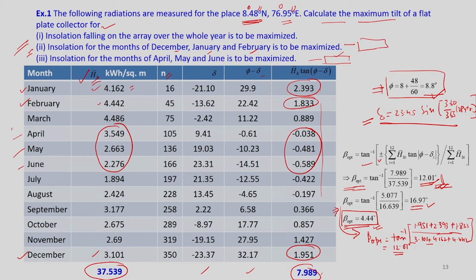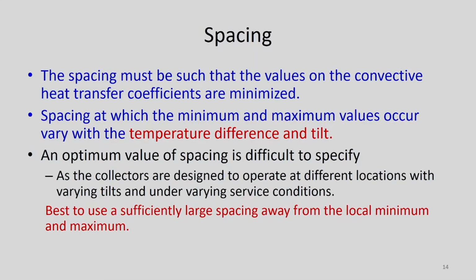Okay. So, this is a very important problem, and we understand how this beta value is important for getting the maximum exposure to the solar insolation, right. Now, let us move to the spacing between the covers. Okay.